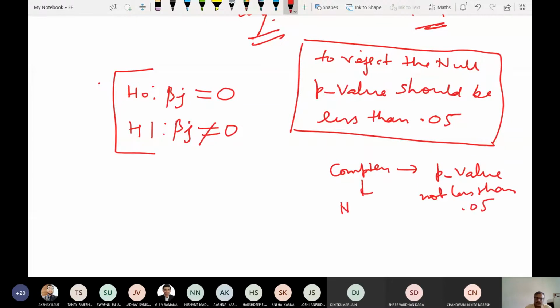So the conclusion is that the null cannot be rejected. So we'll say that it cannot be rejected. I just showed it the other way around. Let me correct it.